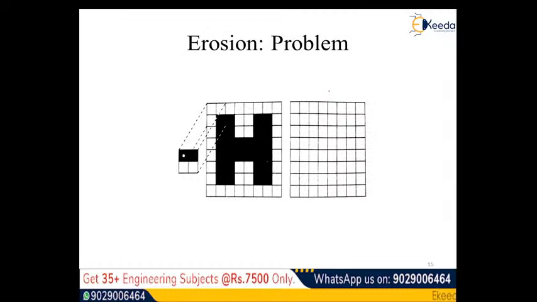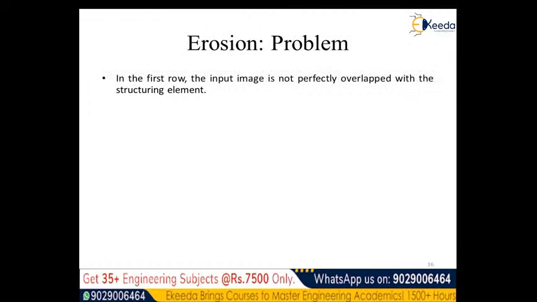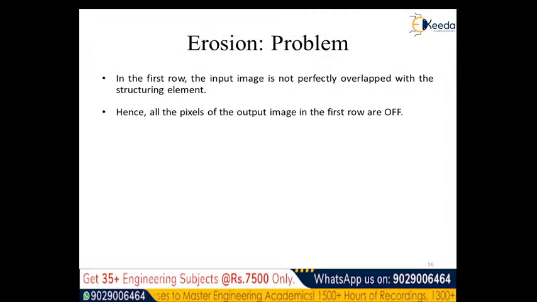Now we move further. In the first row, we have matched only the first cell, and the input image is not perfectly overlapped with the structuring element, and therefore all the pixels of the output image in the first row are currently shown as off, with no dark pixel. So we go for step 2.